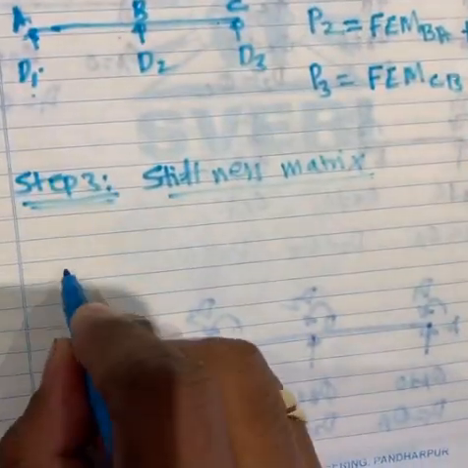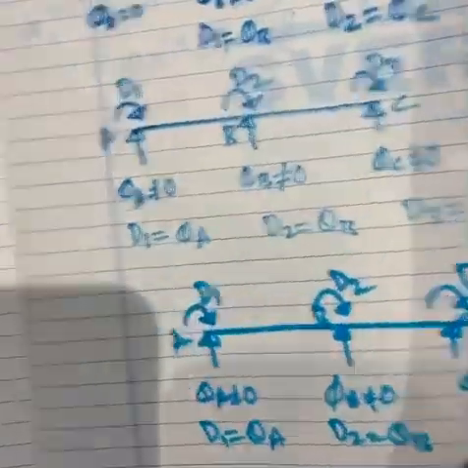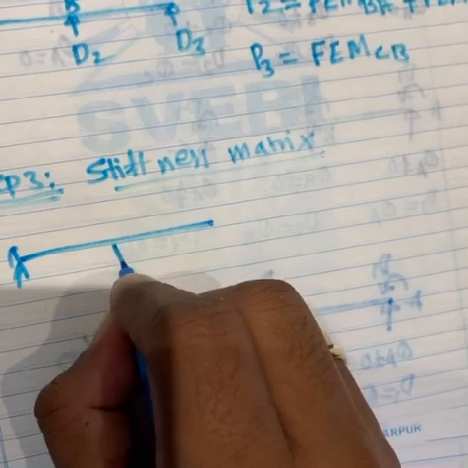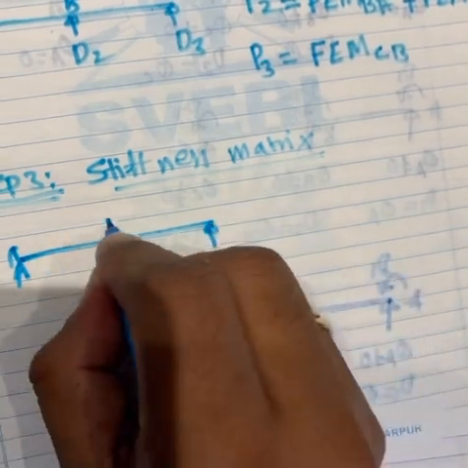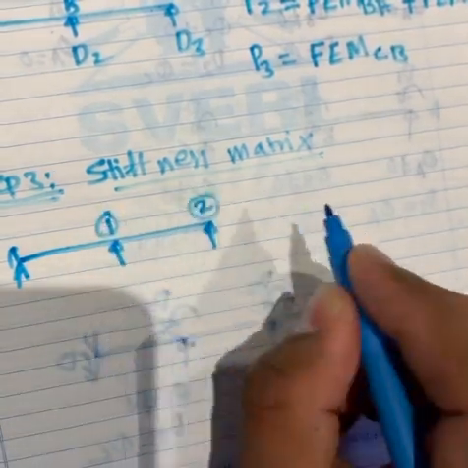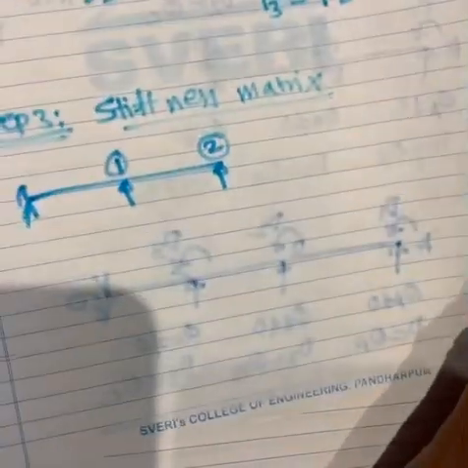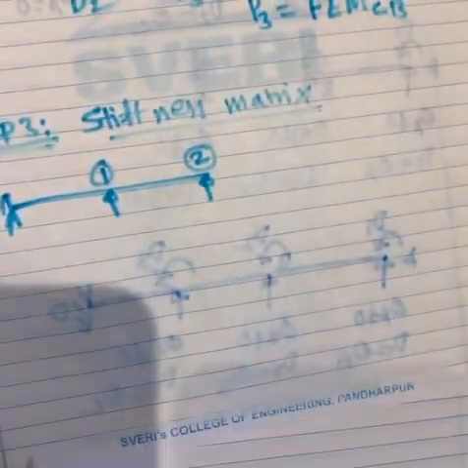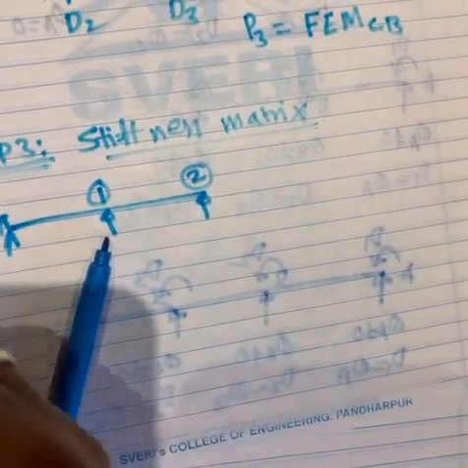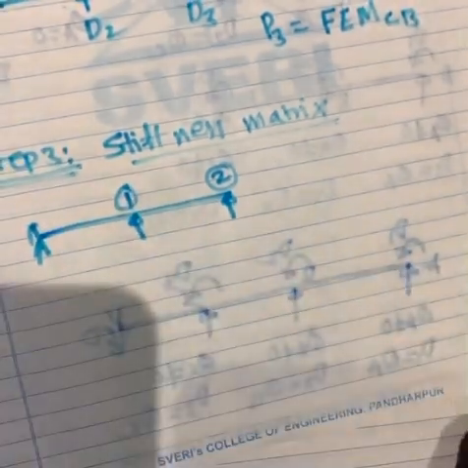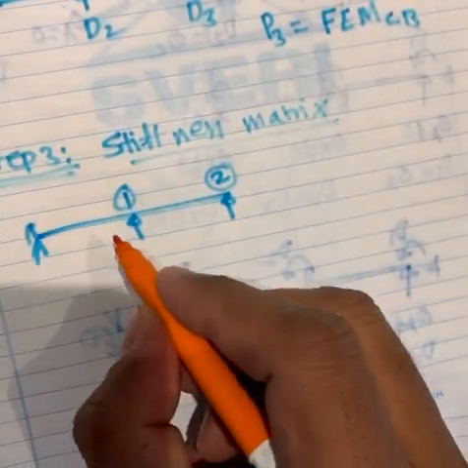Let us take the first example, where this is what we have, and we will call this 1 and this 2. So how to get the stiffness? I will take another color pen. I will give the unit rotation.